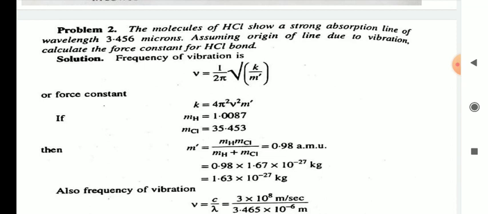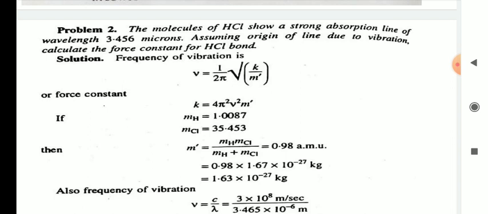The frequency of vibration is given by nu equal to 1 over 2 pi square root of k divided by m dash, where m dash is the reduced mass of the system, and k is given by the equation k equal to 4 pi square nu square m dash.